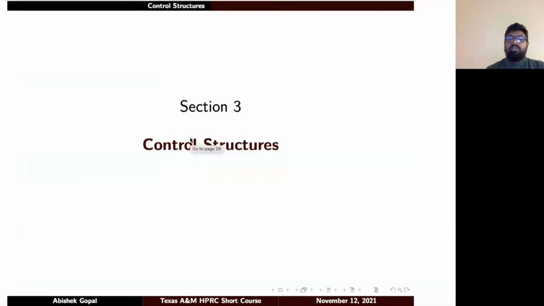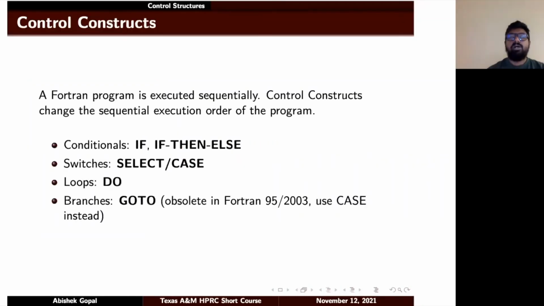Okay, control structures. So far, we just talked about a linear execution of programs. We just defined a variable, computed certain quantities, and then printed those variables. That's all we did. But real world programs are not so simple, right?